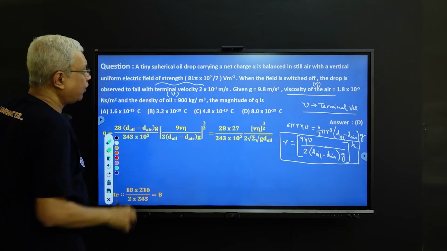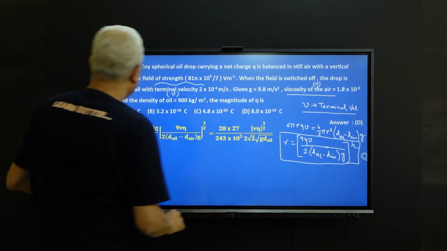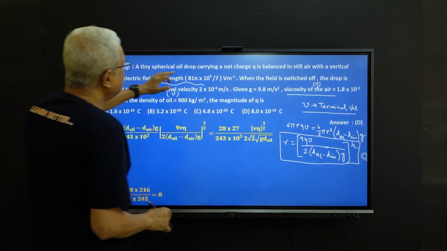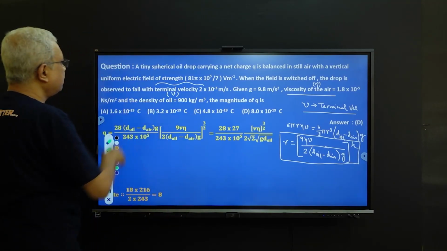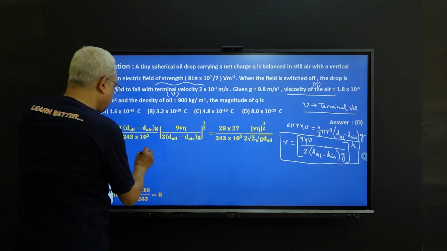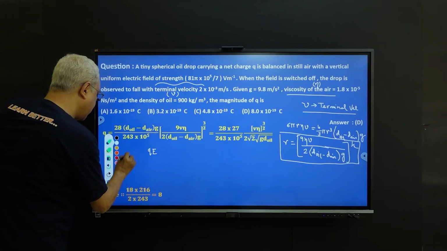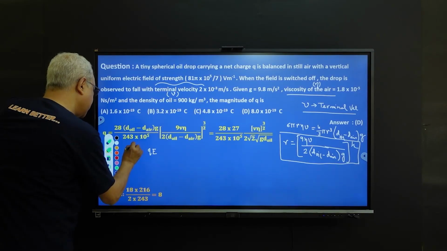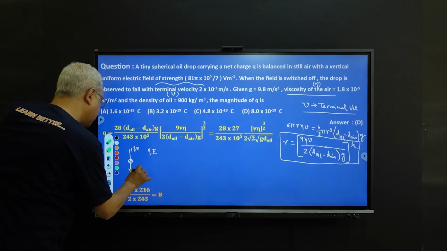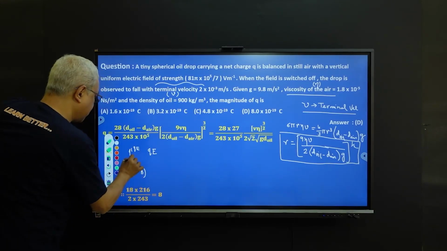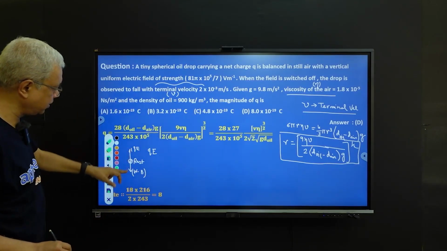Now, for the spherical oil drop, when the field is switched off, then the question of terminal velocity comes. But normally, the tiny spherical oil drop carrying a charge Q is balanced in still air with a vertical uniform electric field. Therefore, we have already seen QE is the net upward force, and the net downward force is W minus B. The oil drop is at rest, so there is no viscous force because it is not in motion.